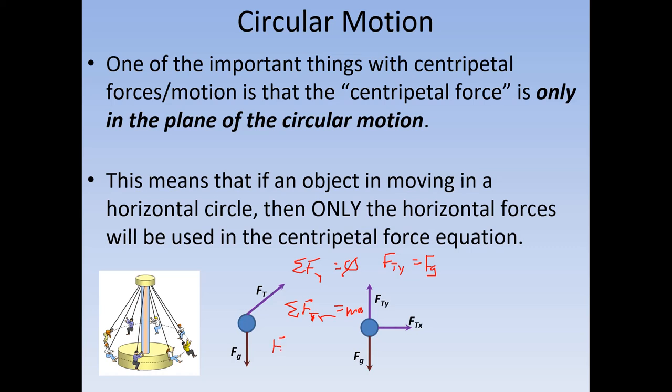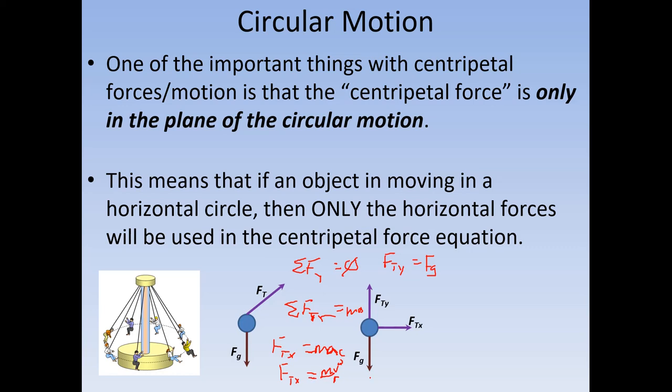So then I would have done FTX equals MA. The only difference is that because this force in particular is causing a circular motion, instead of using this as just a regular standard acceleration, we're going to pop on a little c and turn this into a centripetal acceleration. So then what I can do is set this FTX equal to mv squared over r.